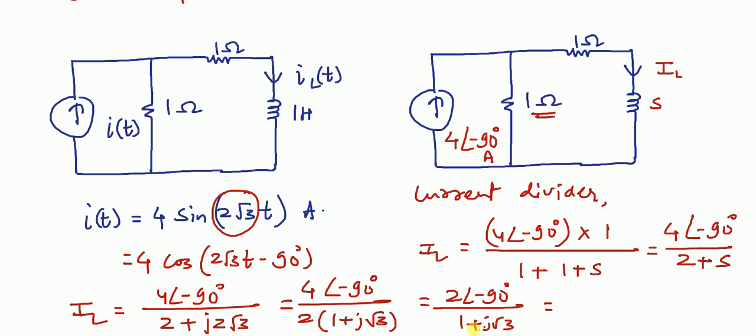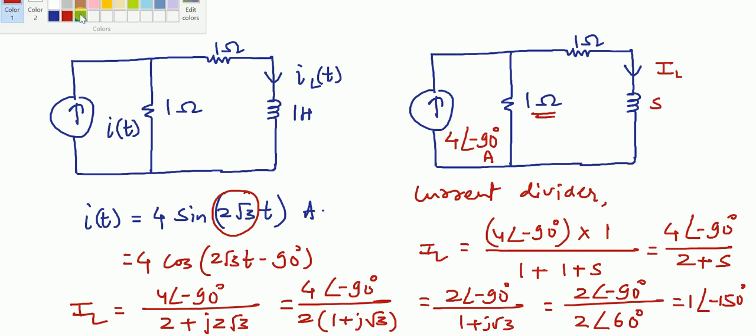And 1 plus j root 3 is in rectangular form. In polar form this will be square root of 4, that is 2 at an angle tan inverse of root 3, which is 60 degree. So it is 1 at an angle minus 150 degree.